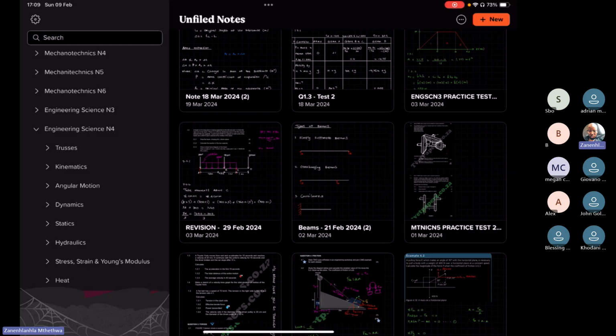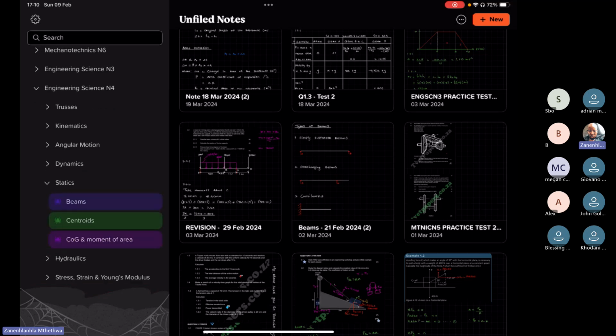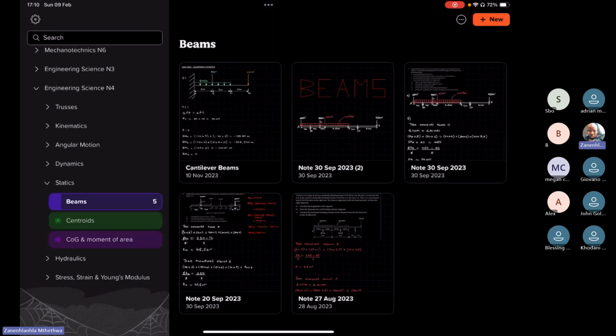Whereas with beams, either you'll be given the diagram and you're asked to calculate reactions, or you're asked to draw the shear force as well as bending moment diagram. As long as you're able to do that, that is it with beams. So that is why I didn't upload more problems on beams.